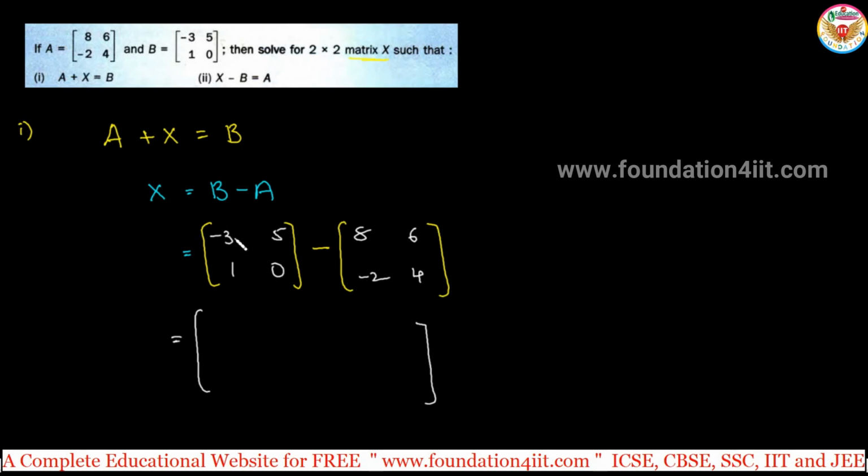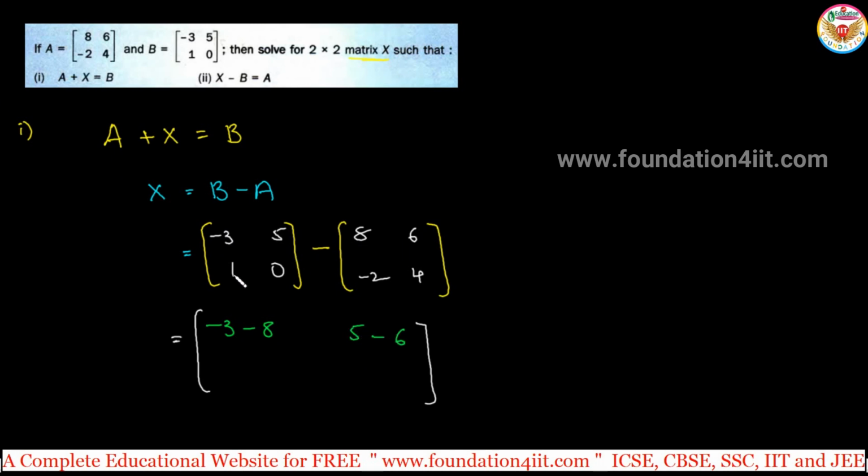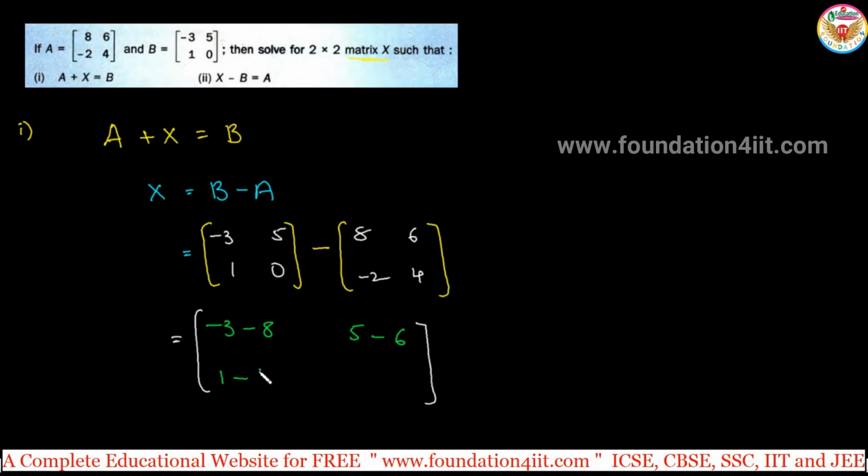Remember, here it is minus 3 minus 8. Next, 5 minus 6. In the second row, first column, 1 minus minus 2. Maintain the brackets and write carefully here: 1 as it is, minus of minus 2.